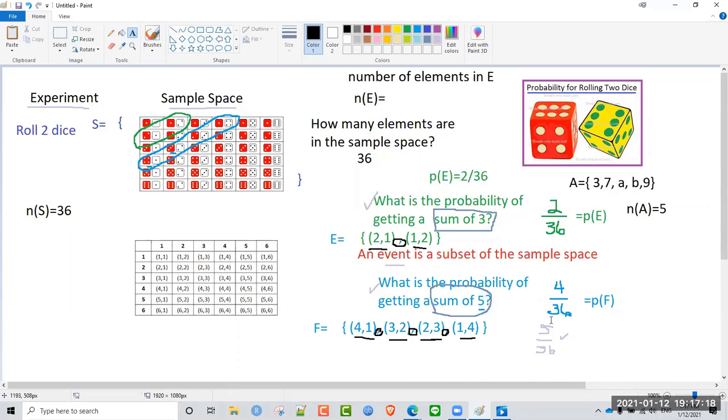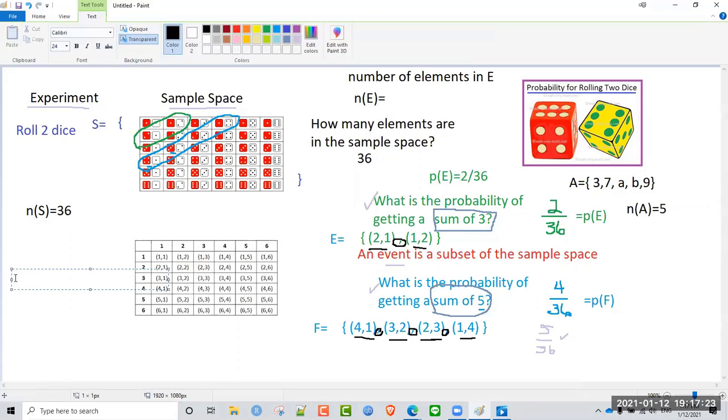But now maybe we can make a formula for probability. What do I mean by that? Well, if we have an event E, not necessarily this E, just any event E, how do we calculate the probability? How did we calculate the probability of this E?